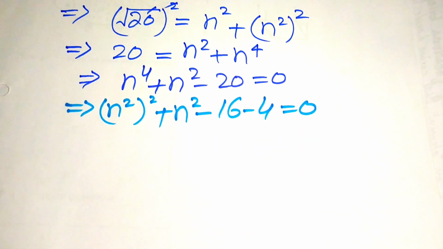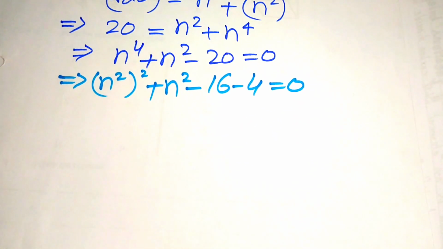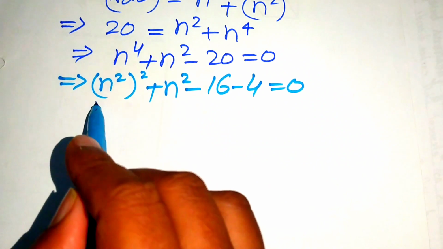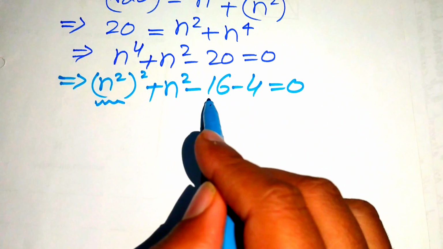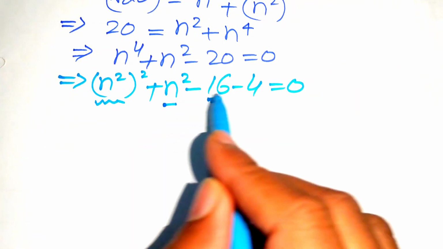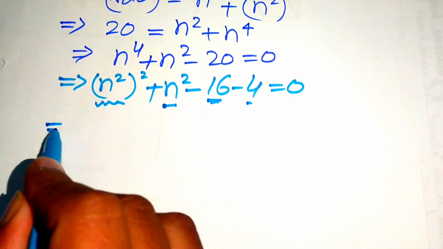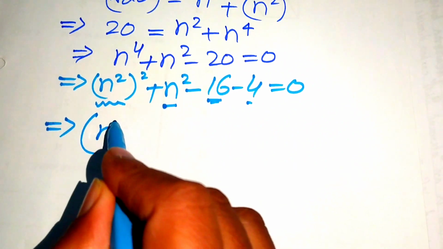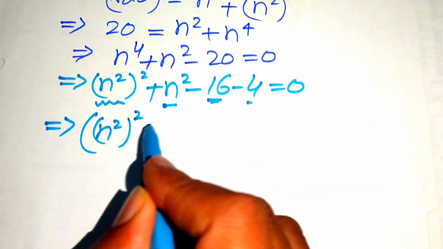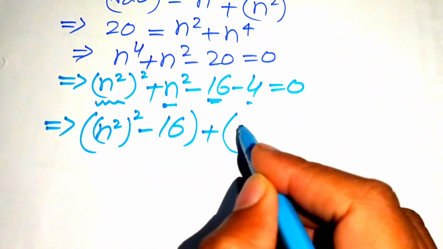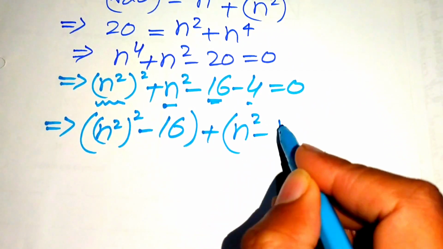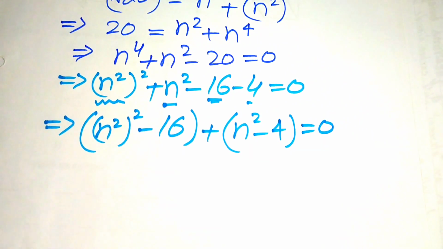0. After this step we make the pair of n square and its whole square with minus 16, and we make the pair of n square with minus 4, and we write it as n square and its whole square minus 16, plus n square minus 4, and this whole equals 0.